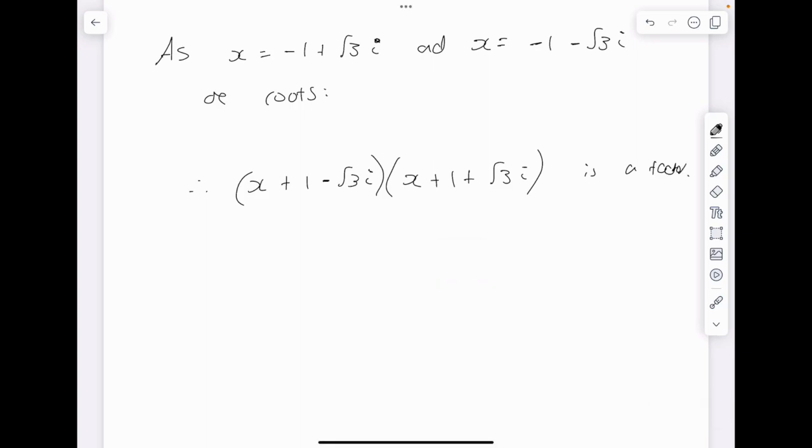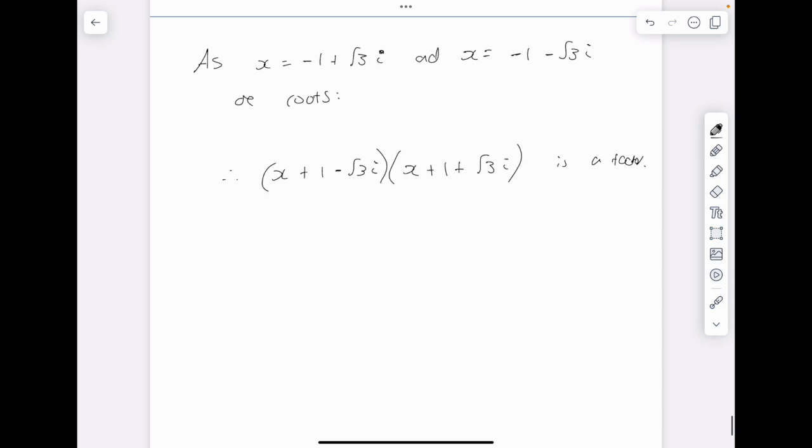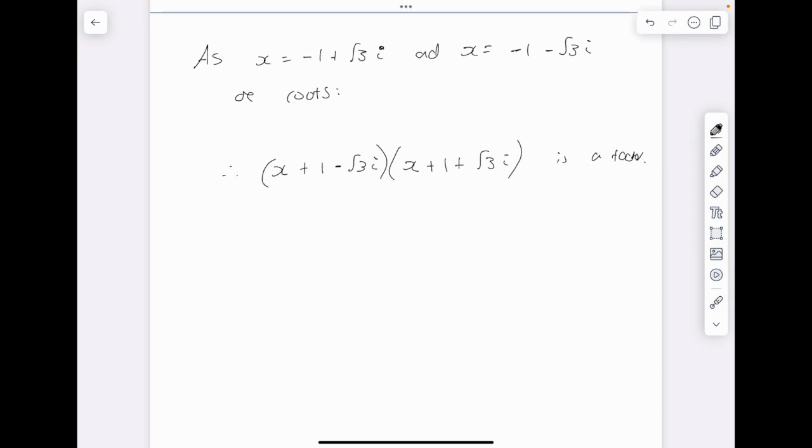Okay, and all we have to do now is expand this out. So when we expand this out, what do we get?